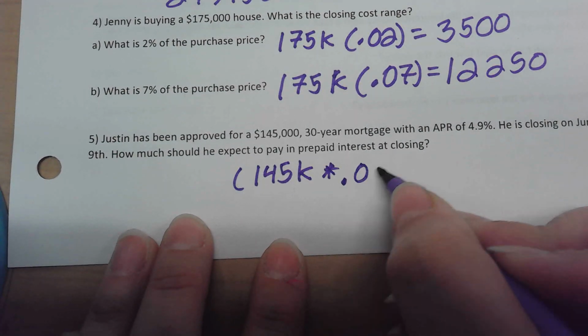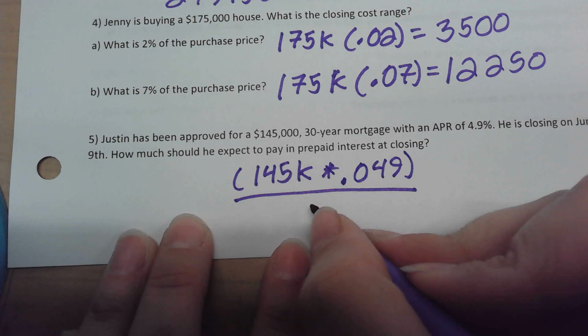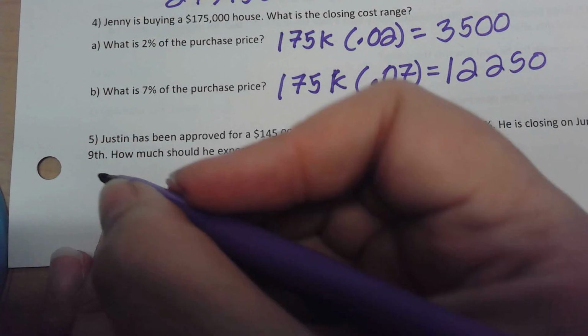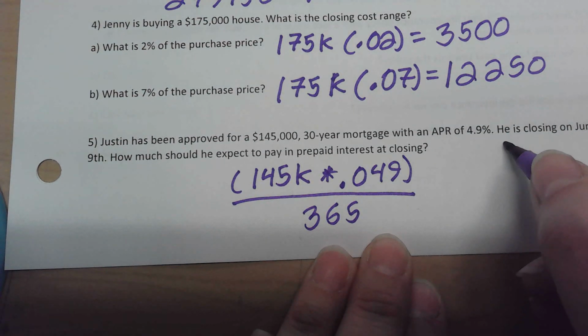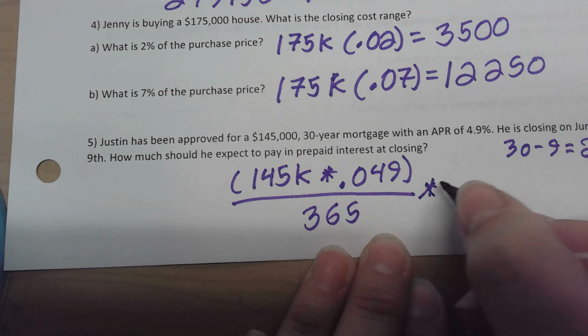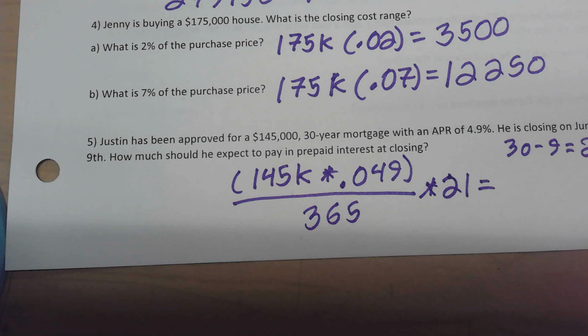Okay, so 0.049 divided by 365, because that's to get the daily interest. It's closing on June 9th. Okay, so remember that's going to be 30 minus 9, so 21 days. So yes, Justin has to pay 21 days of interest. So we go ahead and put that in the calculator.